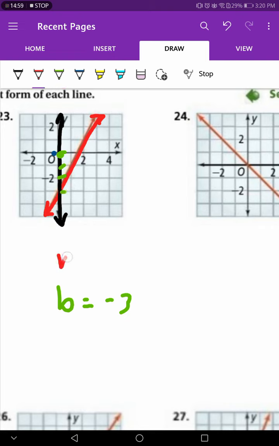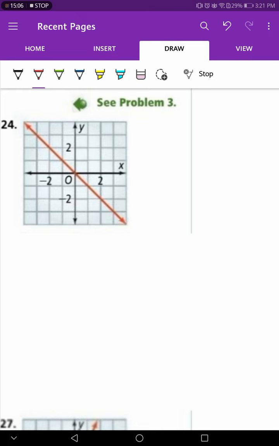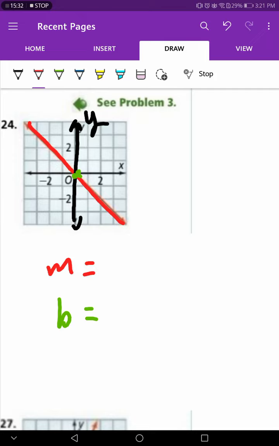But we are still looking for the m, teacher. Can you tell me where the line hits the y-axis? This is the red line, and this is the y-axis. So the red line hits the y-axis, where? Yes, here. So b equals 0, but we still don't know m equal what?